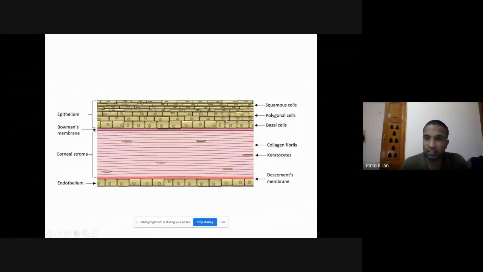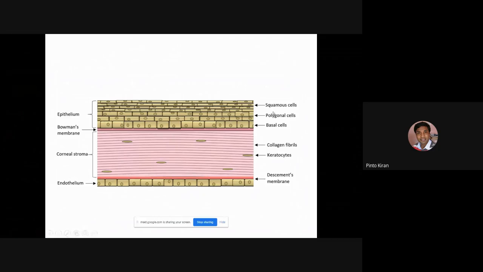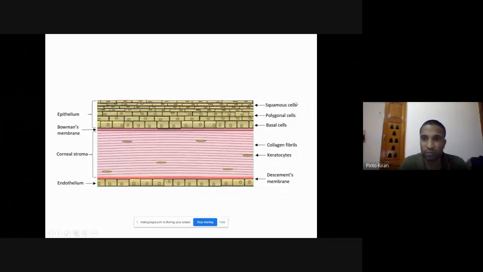The basal layer is one or two layers, which is cuboidal in nature. Then you have around 2 to 3 layers of polygonal cells. Keep it in mind. The outer layer is nothing but a squamous layer.